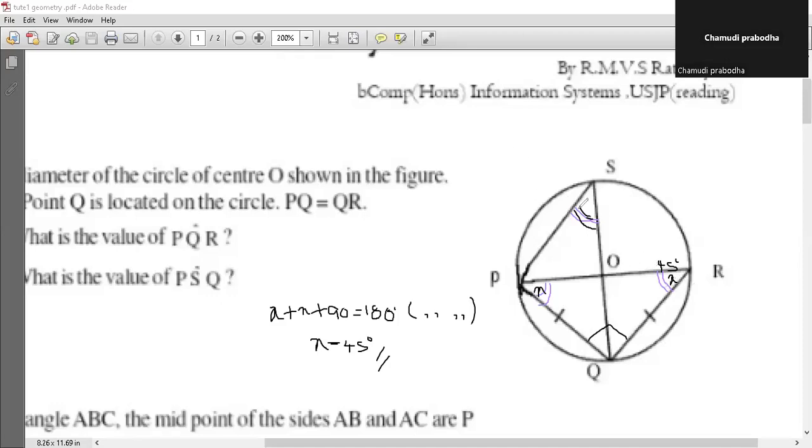So this angle equals this angle also. PSQ equals PRQ.